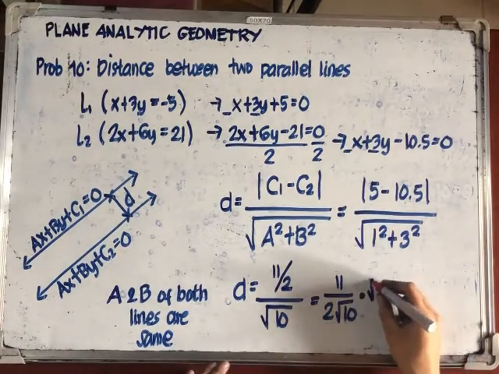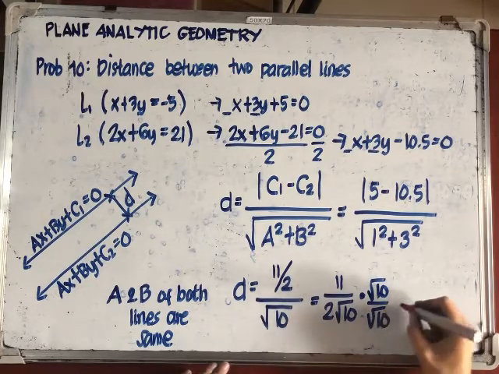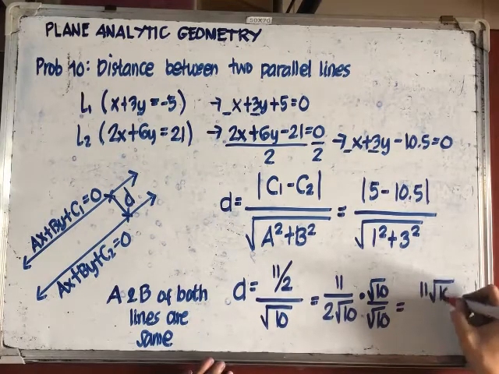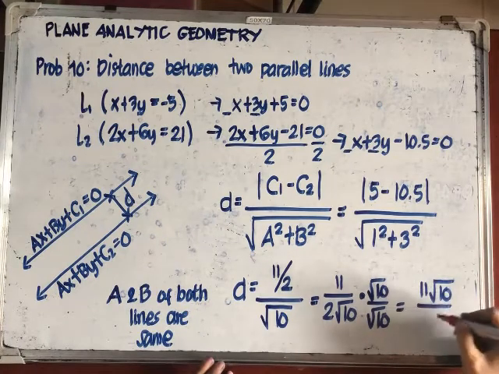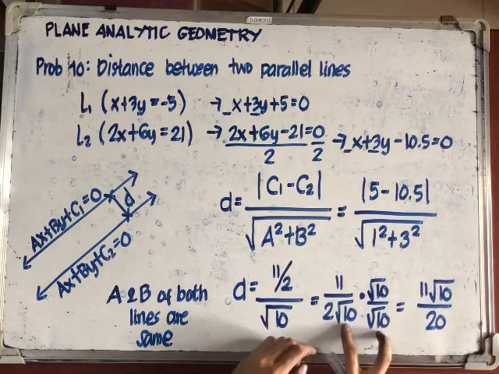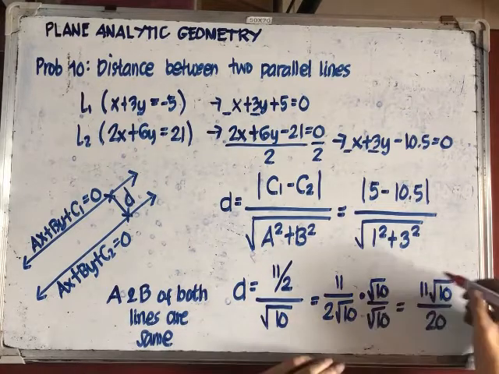So, what we need to do is rationalize na lang the square root of 10. So that our final distance value is 11 square root of 10 divided by 20. Kasi 2 times this square root of 10 and square root of 10, this would become 10 times 2. That would be 20.